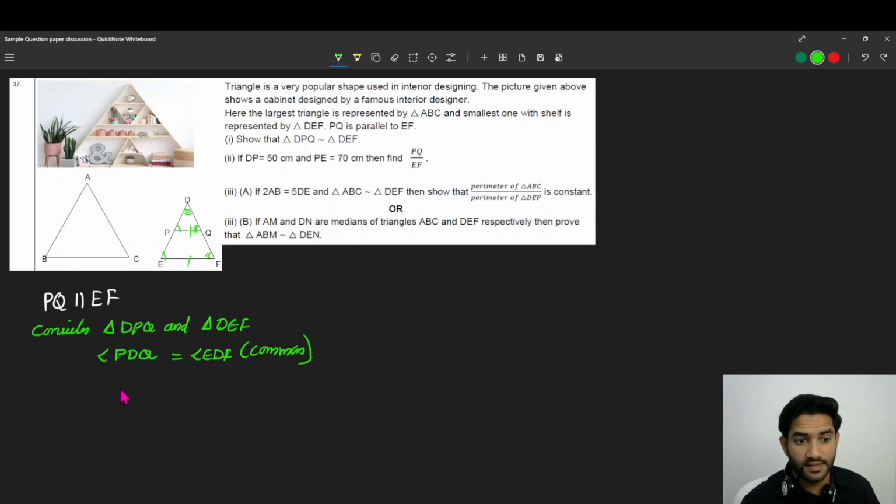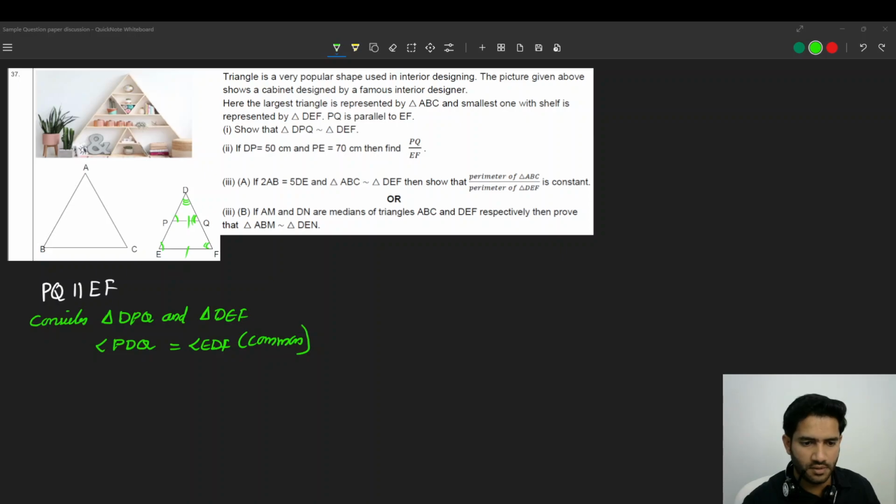Then we have corresponding angles: angle DPQ equal to angle DEF, corresponding angles. Actually, that's enough to prove two triangles are similar.